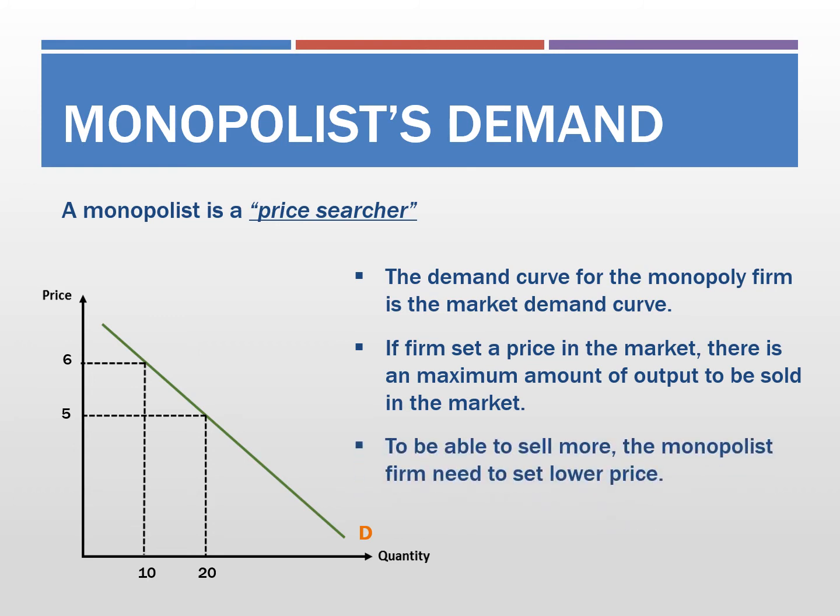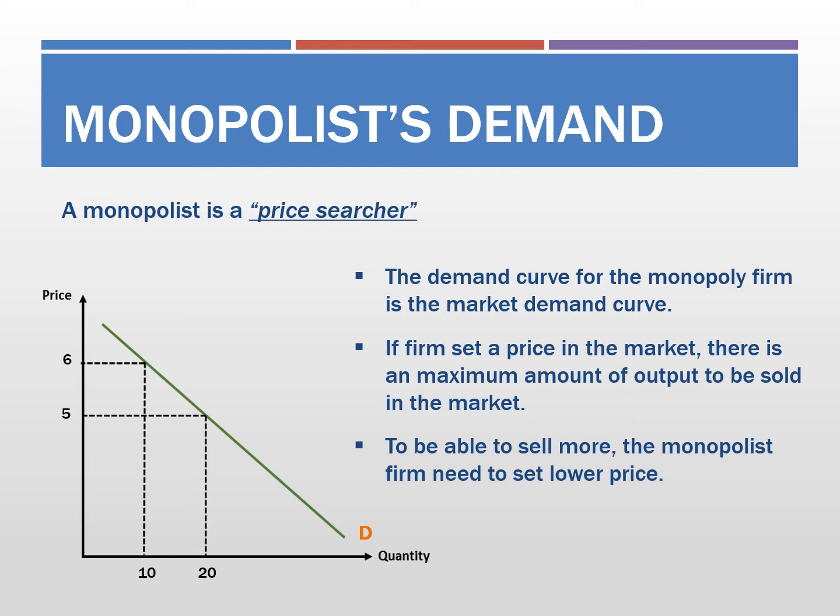So there is always a trade-off for a monopoly in changing prices. When the firm charges a higher price, it can only sell less. If the firm has an objective to sell more of the products, the only way to do it is to decrease the price.